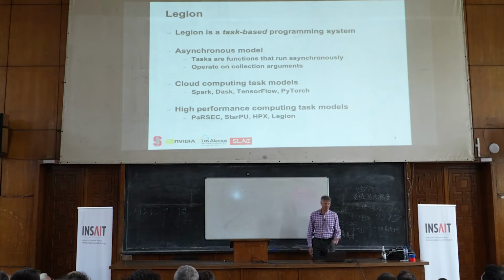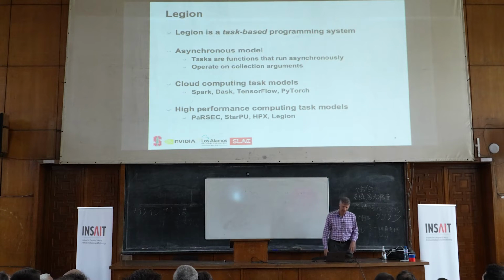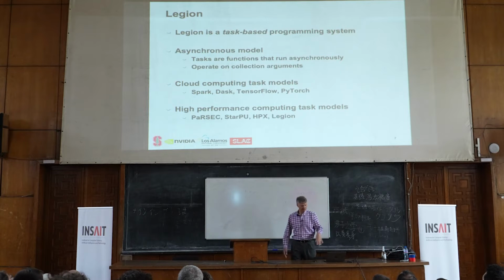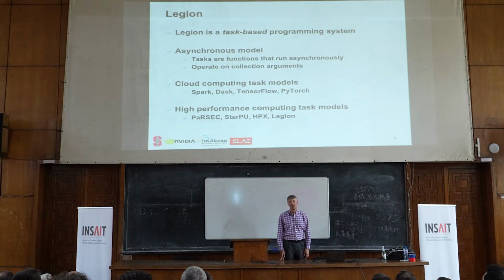Okay, so the project is called Legion, and it's what's called a task-based programming system. So task-based programming is a kind of parallel programming approach where fundamentally these tasks are asynchronous operations. So tasks are just functions you want to perform, and it can be run in parallel.